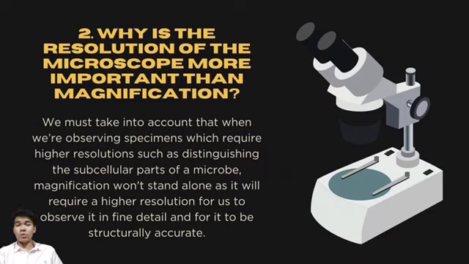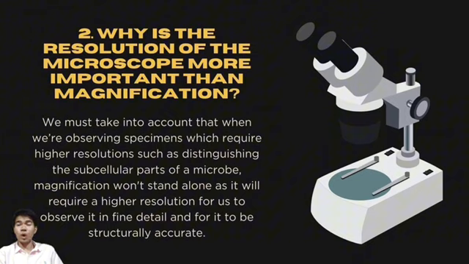We must take into account that when we observe specimens which require higher resolution, such as distinguishing the subcellular parts of a microbe, magnification won't stand alone, as it will require a higher resolution for us to observe it in fine detail and for it to be structurally accurate.